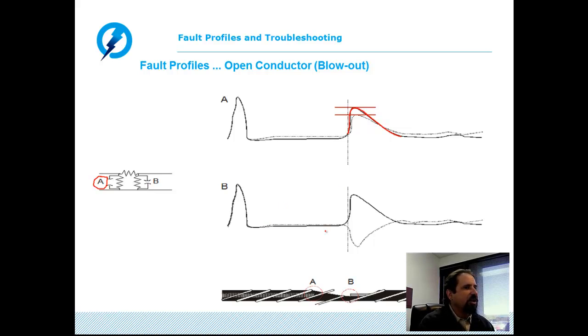So on the arc reflection, instead of getting the traditional negative reflection that we would normally see during a good strong arc where the impedance drops to 0 ohms, we may actually only see a small decrease in the amplitude of the upward or open reflection that we're seeing from the blowout. Again, this would be a clue when looking on the time domain reflectometer that we definitely have a fault. I can definitely make a measurement to the open using just the time domain reflectometer.